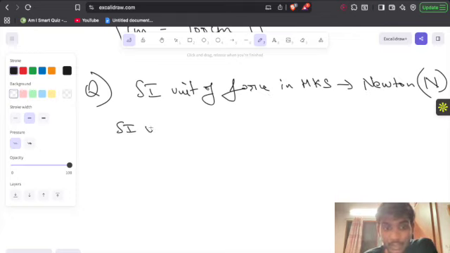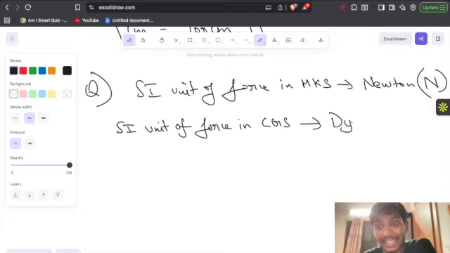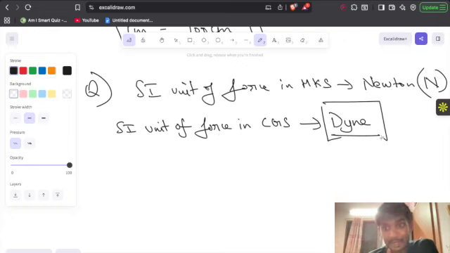Whereas the unit of force in the CGS system is dyne. Okay, it is known as dyne. So we don't use this because we prioritize the MKS system in our day-to-day learning. But this is still there. Dyne is still there.